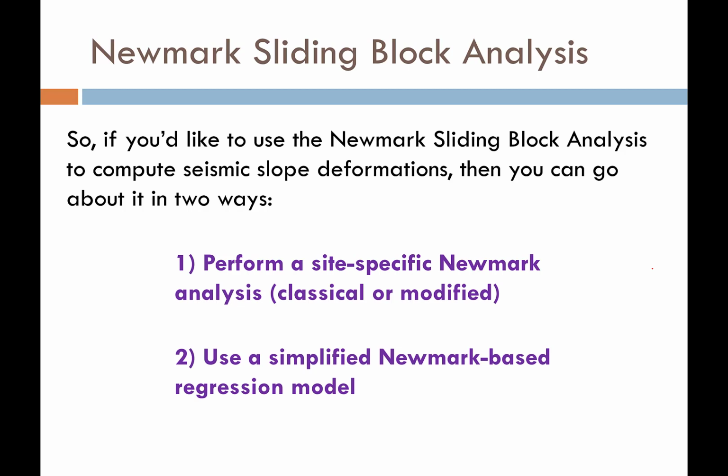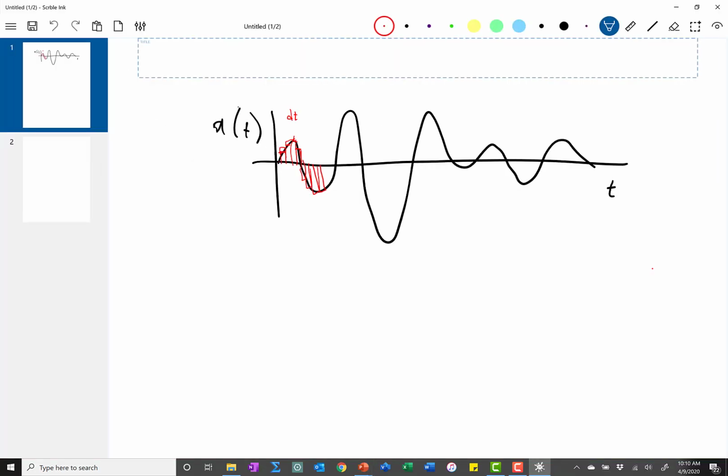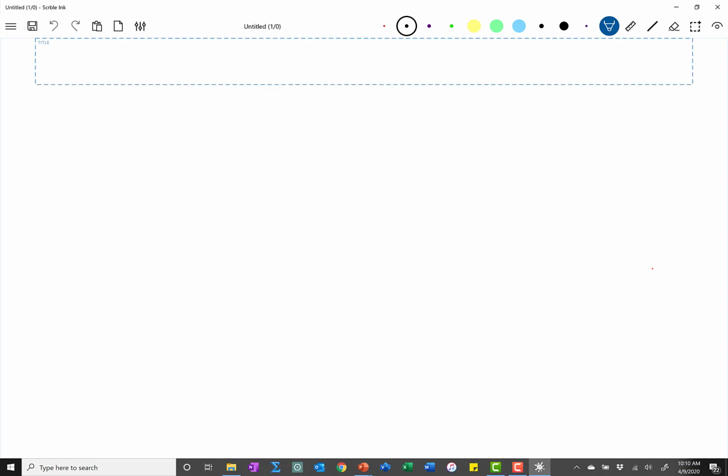The other approach, though, that you can use if you so choose is a simplified Newmark regression model. Now, what does this mean? Well, let me explain. It basically means that some of our researcher friends, they took a program like Slammer, and they took a whole suite of ground motions. Here we go.